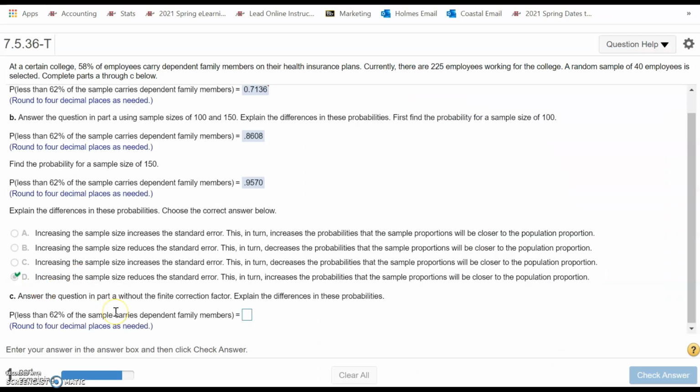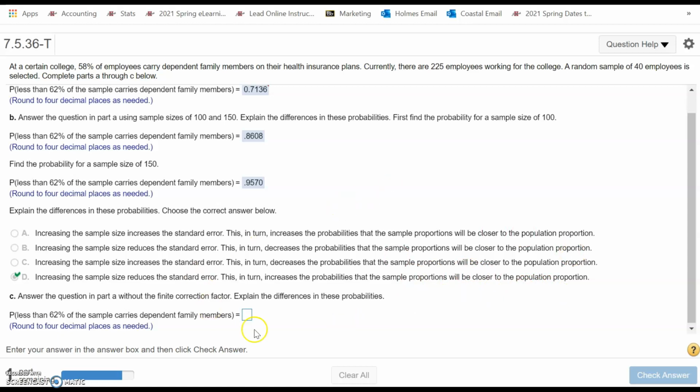Okay, so if you increase the sample size, the larger the sample size is, the more representative it will be of the population. So your standard error is going to go down. And then what that does is, the bigger the sample size, it's going to increase the probability that the proportion will be closer to the population proportion.